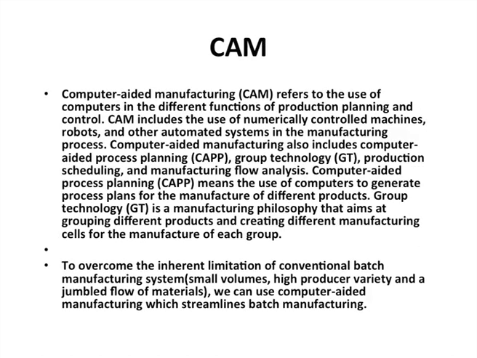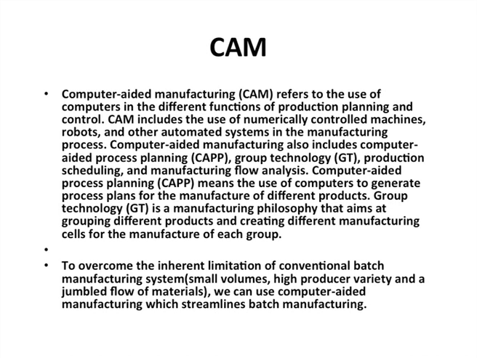Now CAM, Computer Aided Manufacturing, refers to the use of computers in the different functions of production planning and control. CAM includes the use of numerically controlled machines, robots and other automated systems in the manufacturing process.